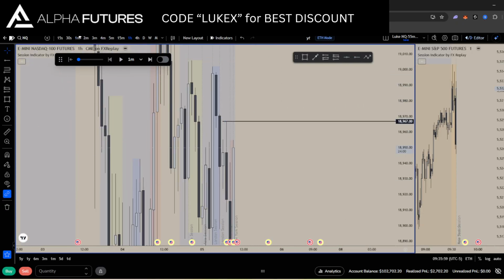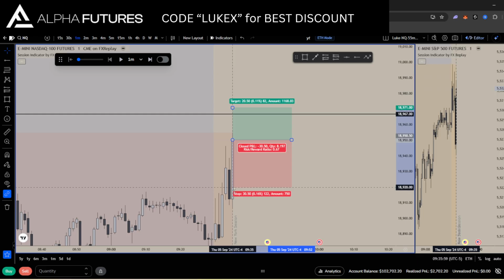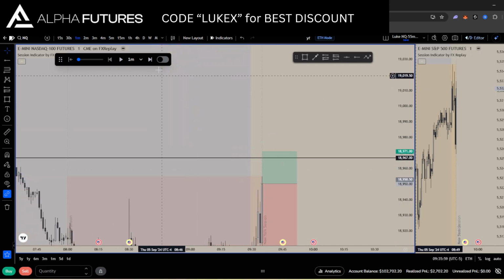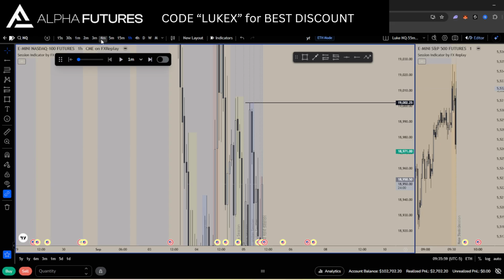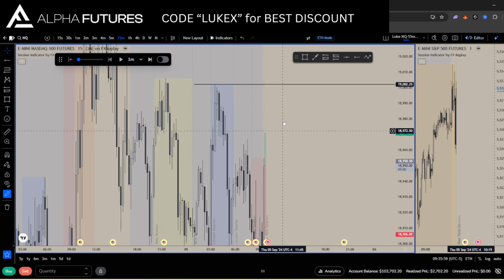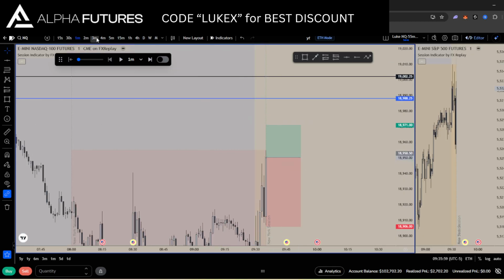We have this high right here. I want this session high right here. I think we can blast through these highs. I think I could go break even here, and I think I can target that next draw.